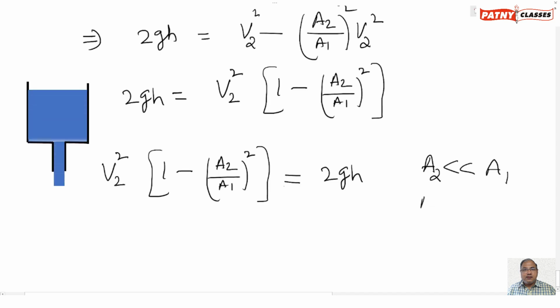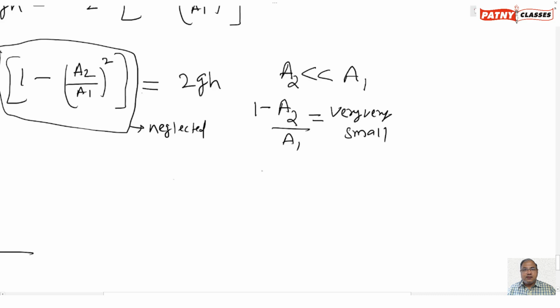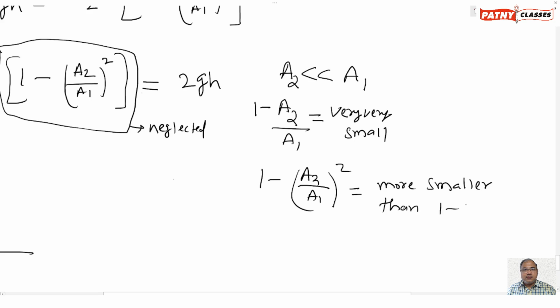This means A2 divided by A1 is very small, and (A2 upon A1) whole square is even smaller.